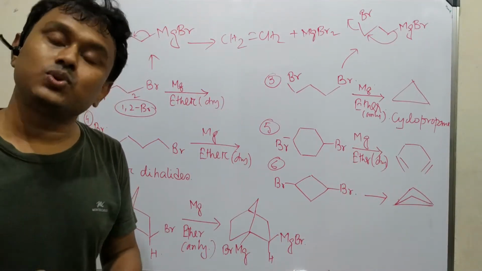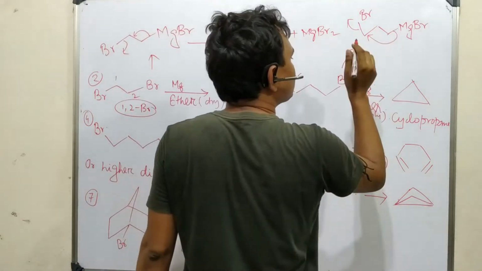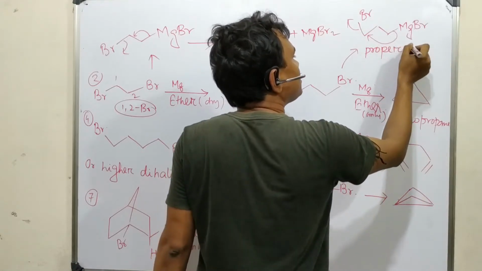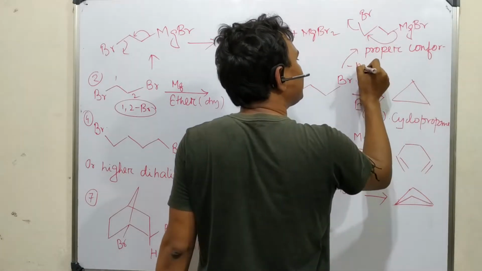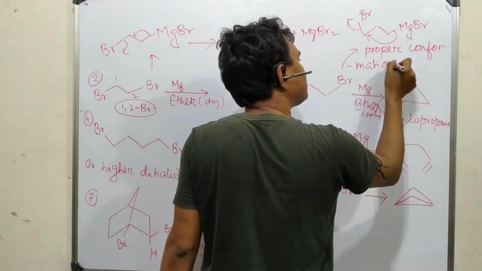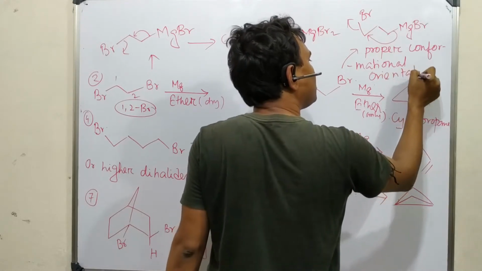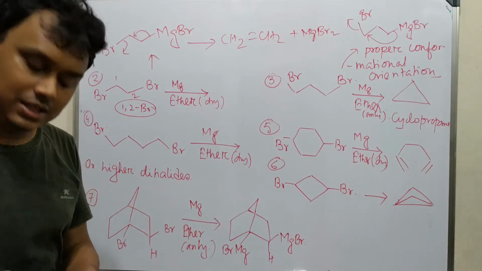We know that a 3-member ring is relatively strained and difficult, but because of proper conformational orientation, this 3-member ring is formed.